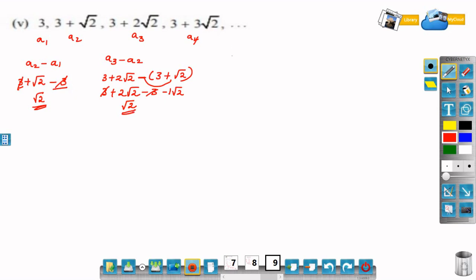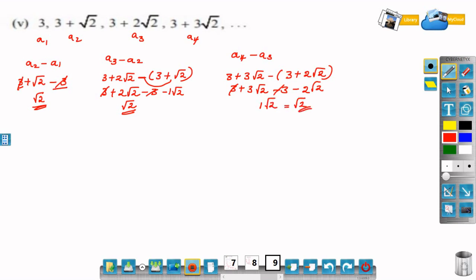I am getting the same common difference. So let us check the third one, A4 minus A3. That is 3 plus 3 root 2 minus, it is a binomial next, so put a bracket, 3 plus 2 root 2. Remove the bracket now, minus 3, this minus is for both the terms, minus 2 root 2. 3 minus 3 is 0. 3 root 2 minus 2 root 2, subtract the coefficients, 3 minus 2, 1 root 2, which means root 2.